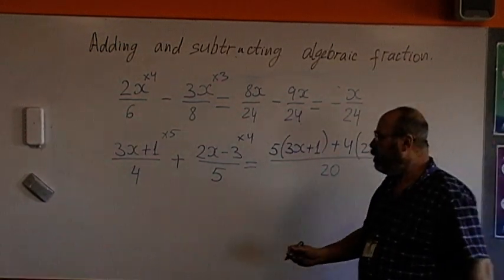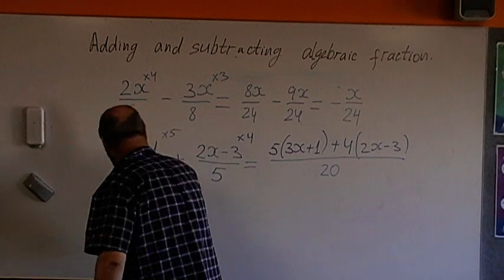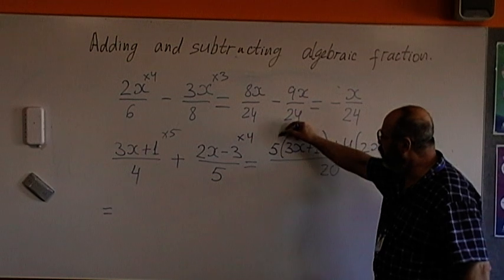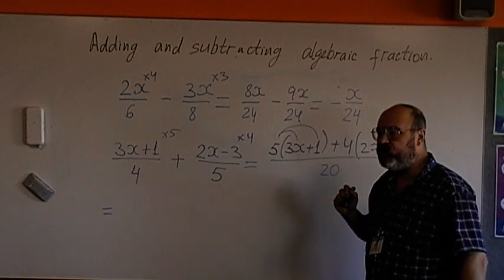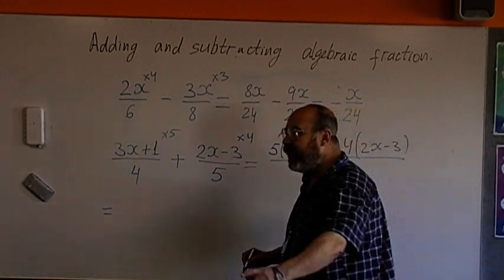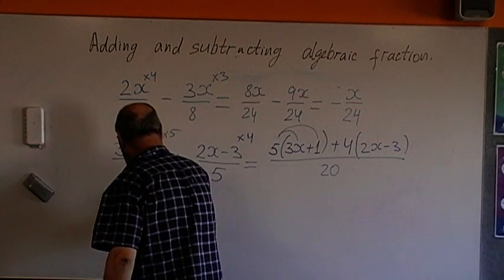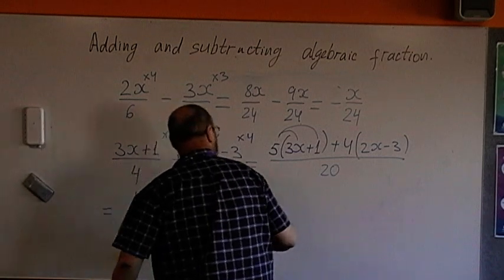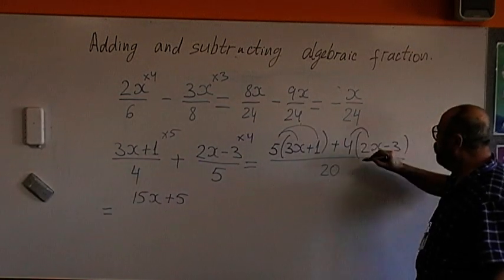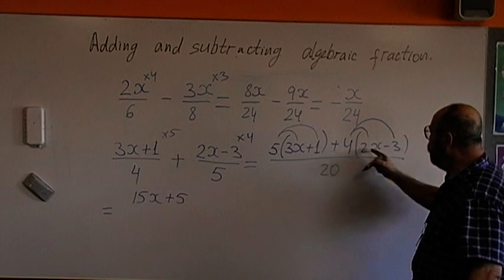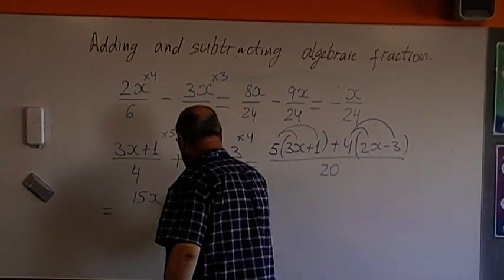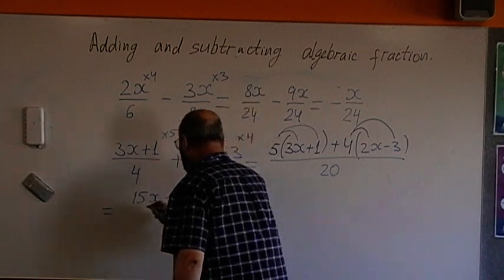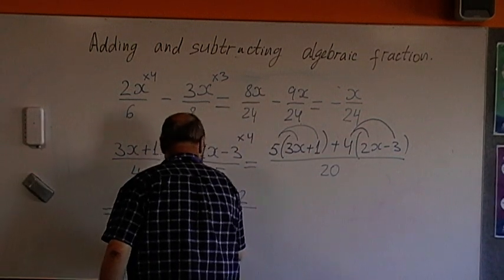What's the next step? Next step, we expand the bracket. We multiply 5 by this, 5 by this. 5 times 3x is 15x, plus 5. Now we multiply 4 by 2x and by negative 3, we have plus 8x and minus 12 over 20.